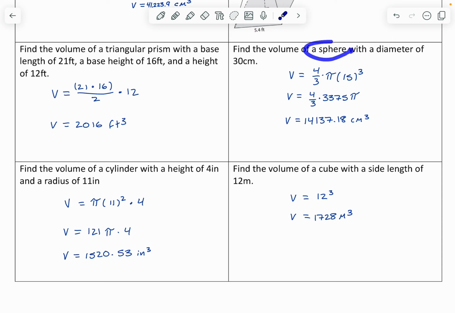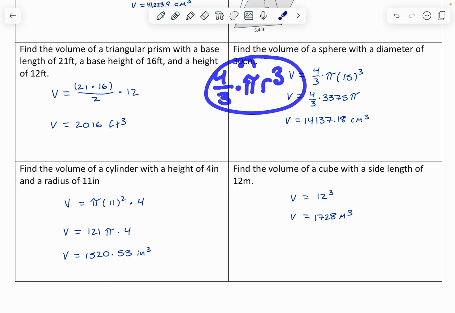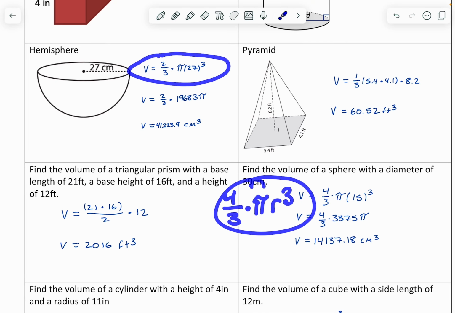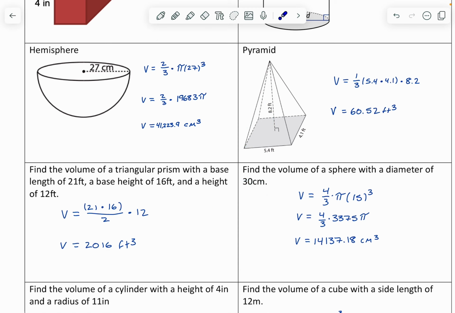Find the volume of a sphere with a diameter of 30 centimeters. Volume of a sphere is 4/3 times pi r cubed. Anytime you're dealing with a sphere or even a hemisphere, make sure that you have r cubed, which is radius times radius times radius.